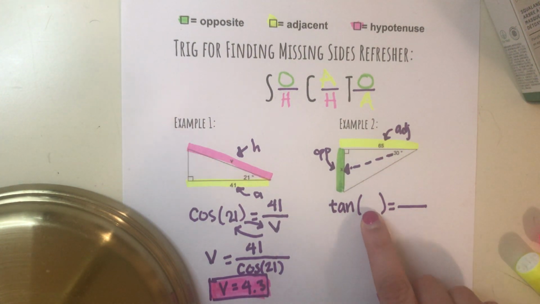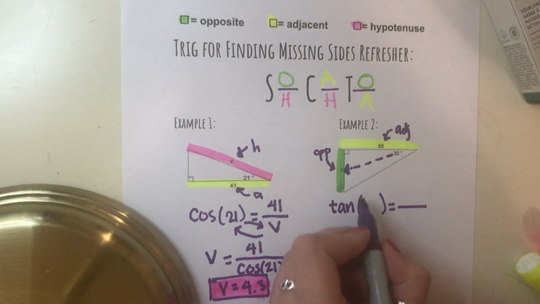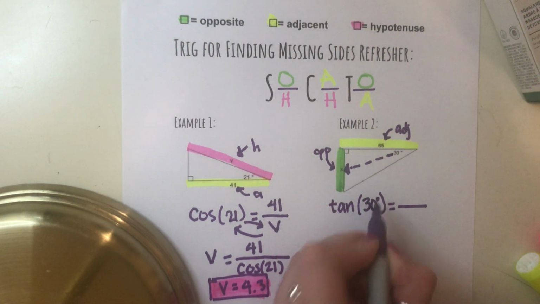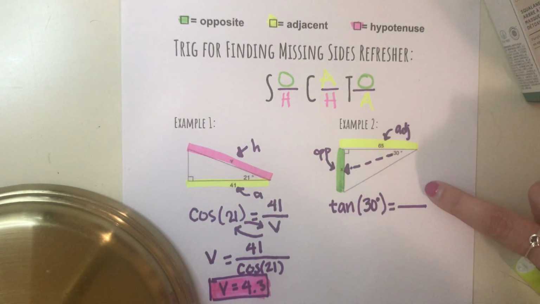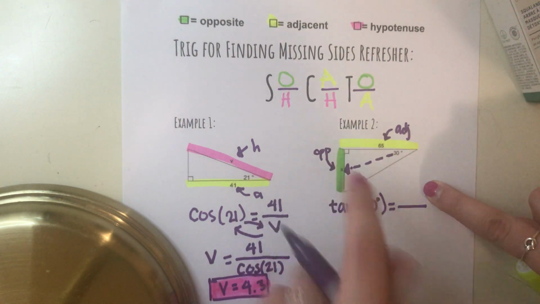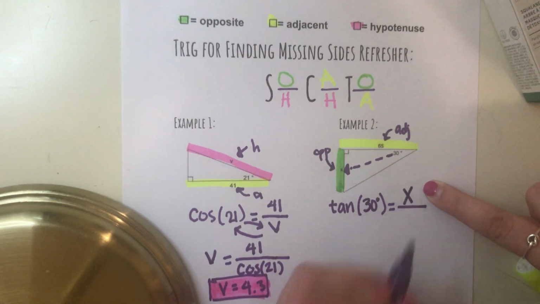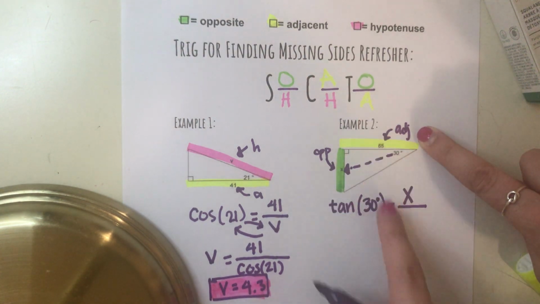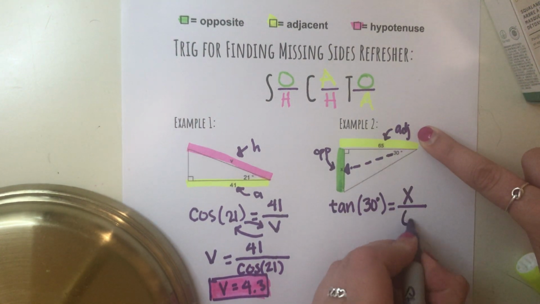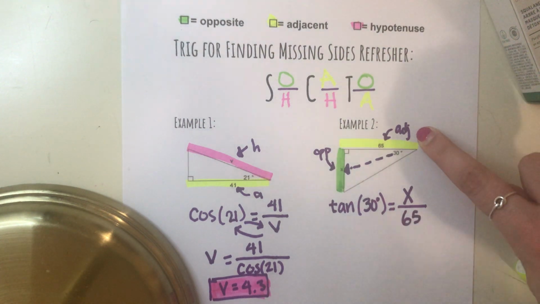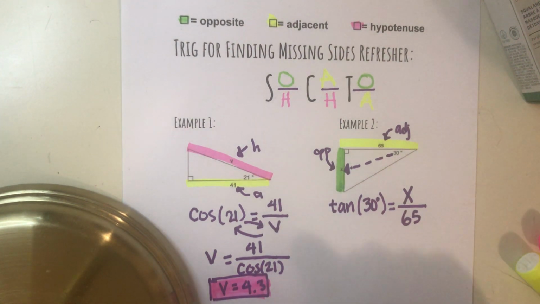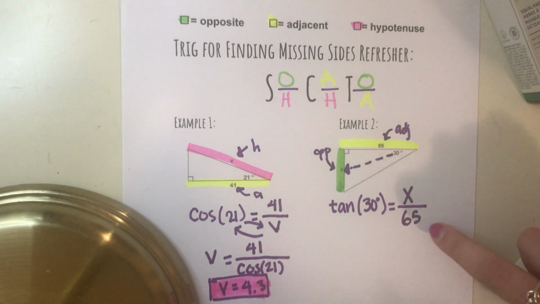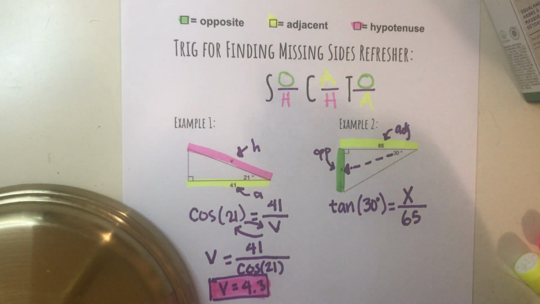The degrees go here, and my degrees on this problem is 30. The top of my fraction is opposite, which is x right now. It's what I don't know. And the bottom of my fraction is adjacent, the yellow side, so that's going to be 65. Now, something I would say in class is, okay, the number is on the bottom, do I switch or multiply?